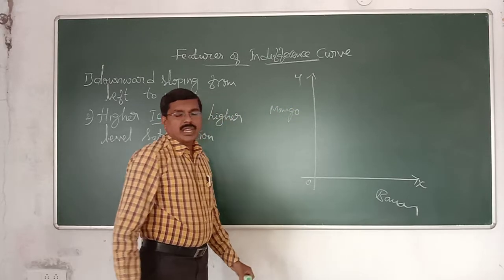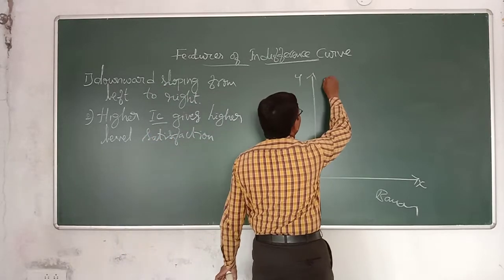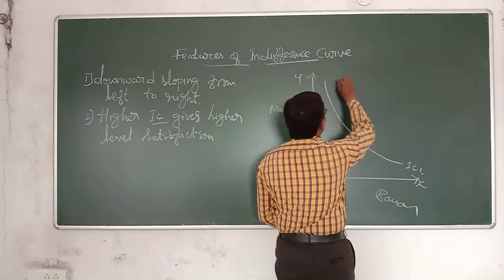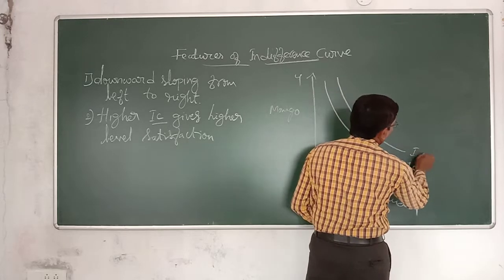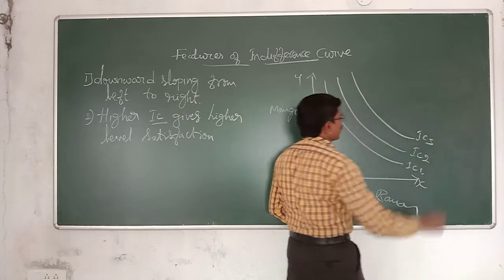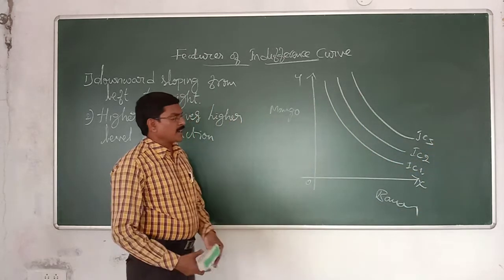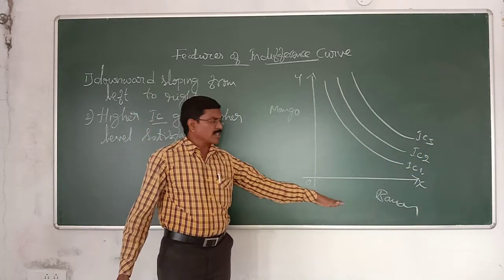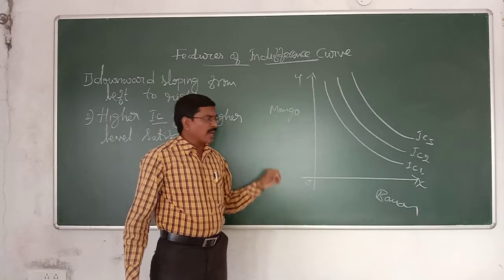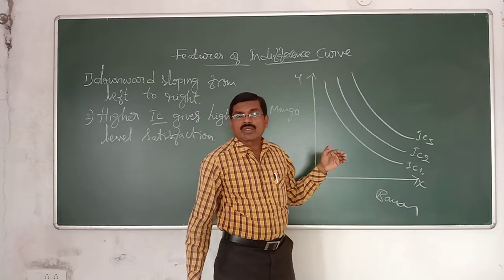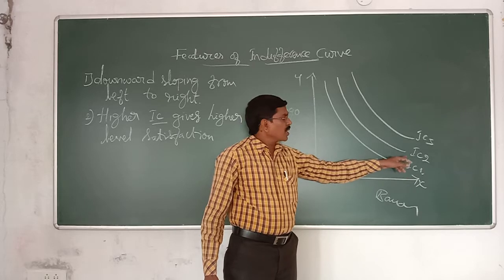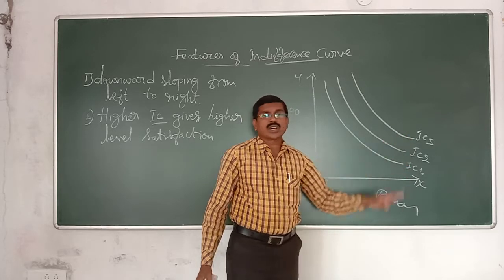We take three indifference curves: IC1, IC2 and IC3. On the OX axis we measure the quantity of banana, and on the OY axis the quantity of mango. So here we have three different indifference curves: indifference curve 1, indifference curve 2 and indifference curve 3.